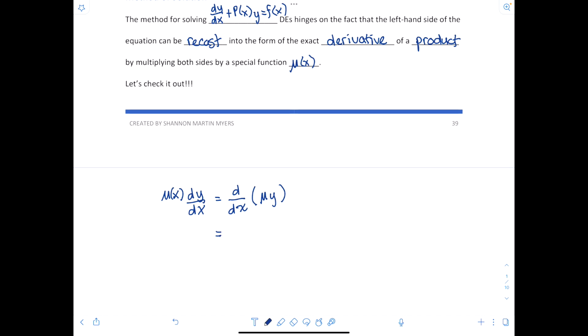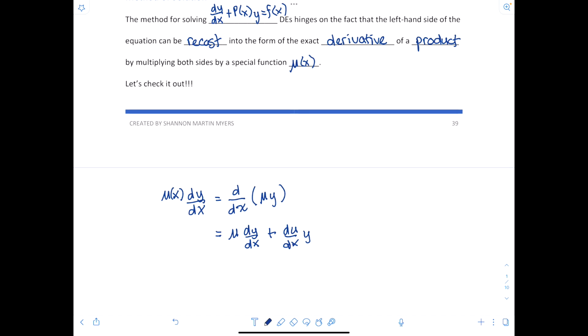Well, what are we going to get here? Using the product rule, we would have mu times dy/dx plus d mu/dx times y.